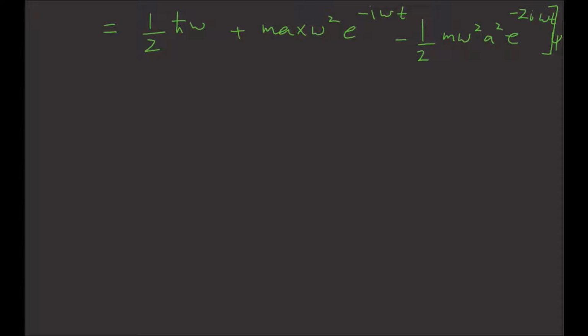Of course, all of this times psi. And indeed this is equal to i h bar, the partial derivative of psi with respect to time. There we go. So this is number 1.